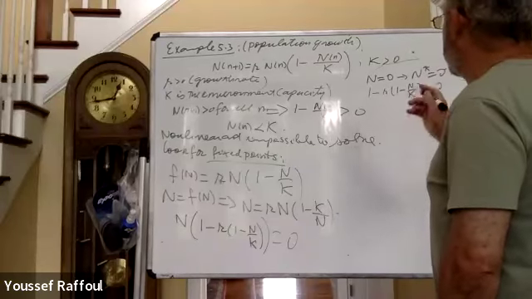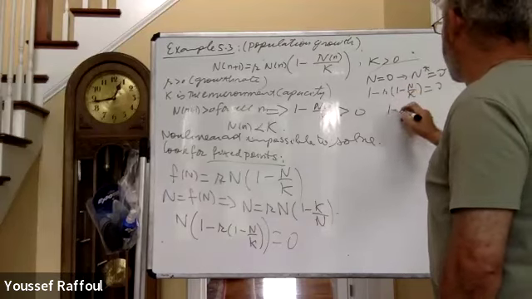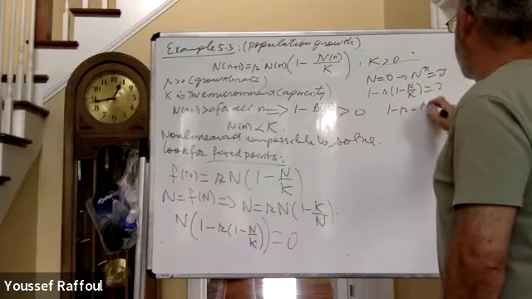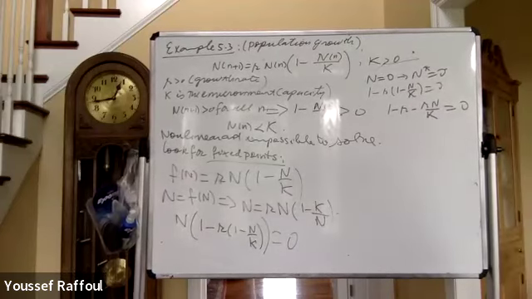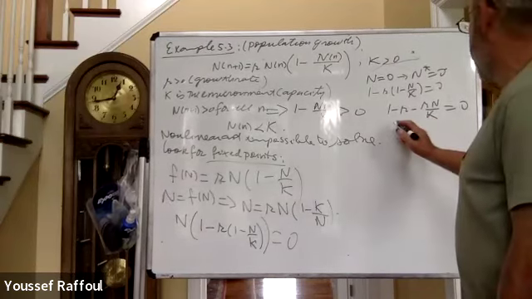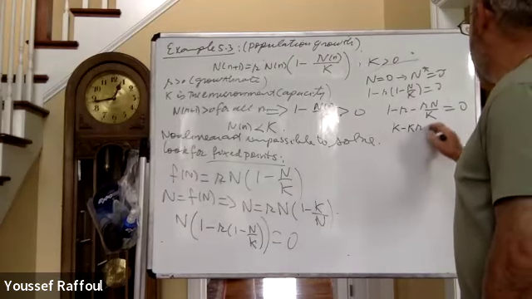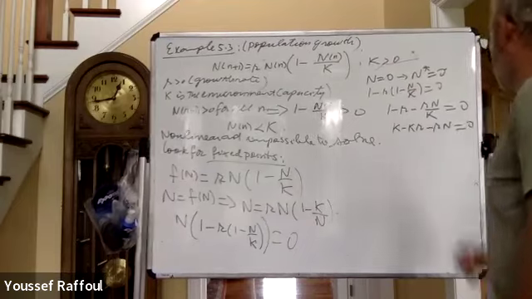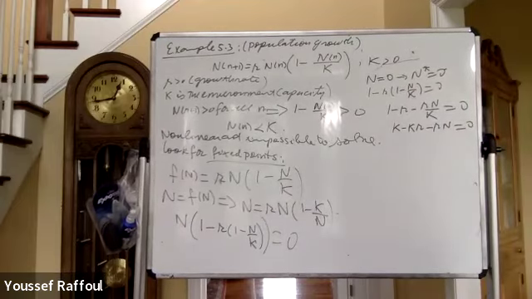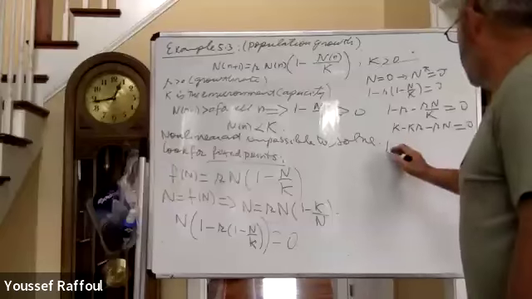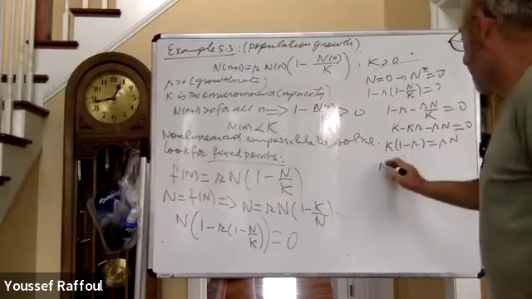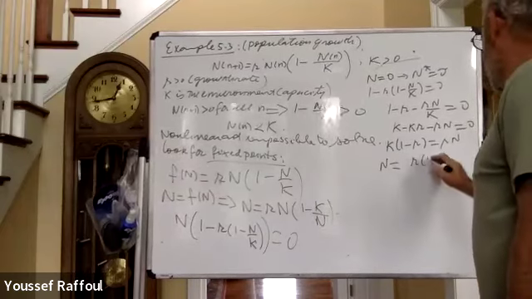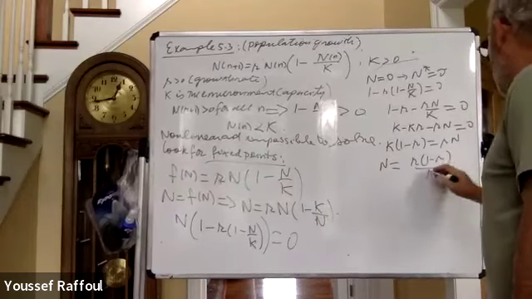If I take 1 minus r minus rn over k equals 0, multiply by k: k minus kr minus rn equals 0. So that means k times 1 minus r equals rn. That means n is k times 1 minus r over r.